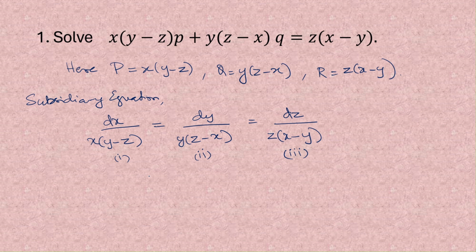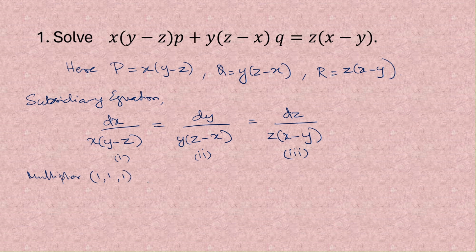So what do we mean by the method of multipliers? As an example, we need three multipliers, for ratio 1, 2 and 3 separately. Let us choose the multipliers as 1, 1, 1.